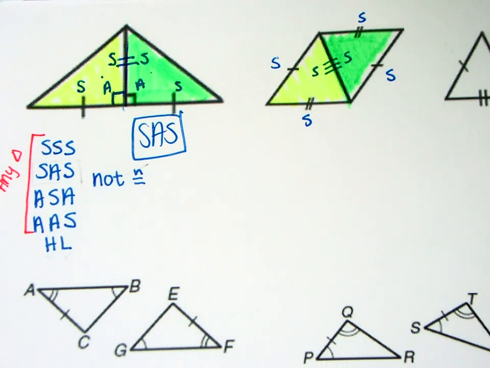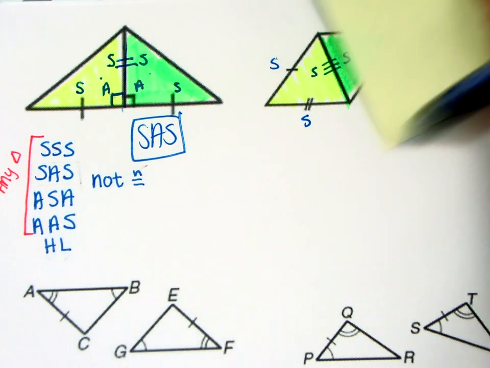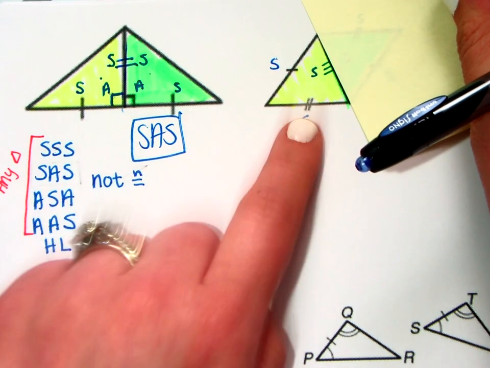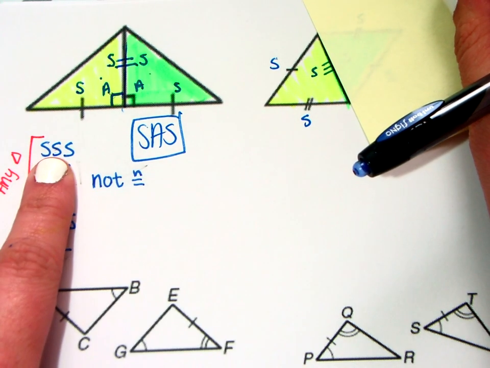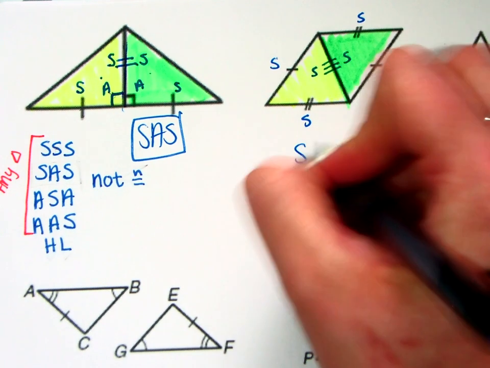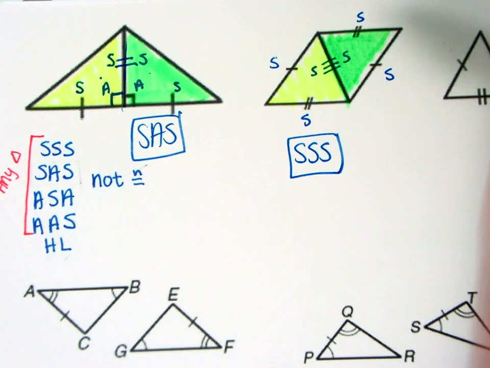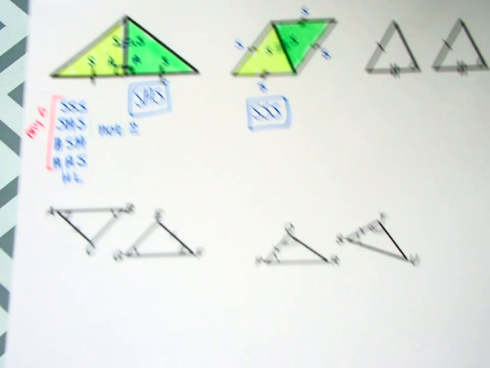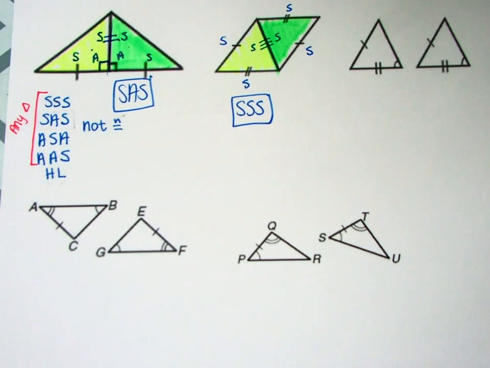And this one is the easiest because it's all S's. So if I cover up one of my triangles, S, S, S, side, side, side. This really just comes with practice. The more times that you do these problems, the easier they'll become because you're actually writing on them.